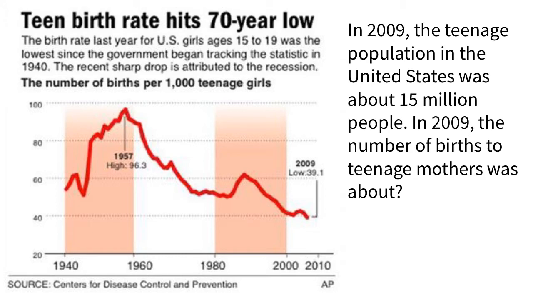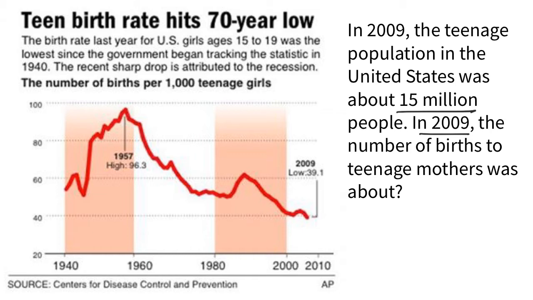This graph shows the number of births per 1,000 teenage girls over the past years. This says in 2009, the teenage population in the United States was 15 million people. In 2009, the number of births to teenage mothers was about how many?